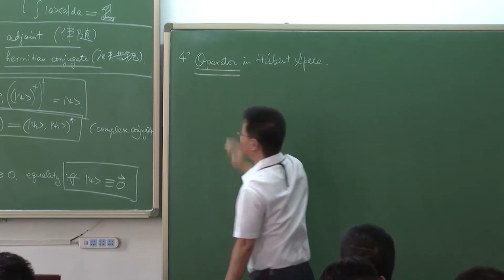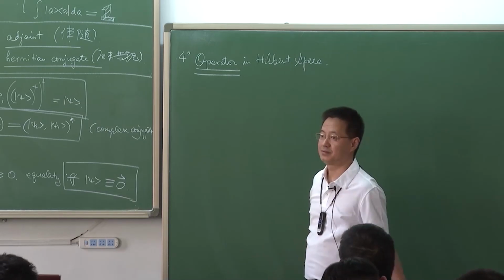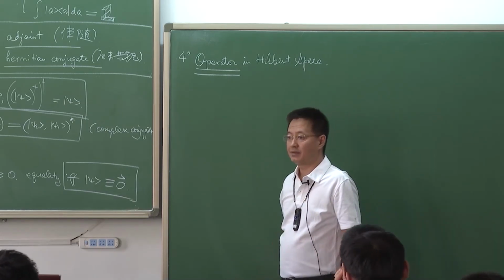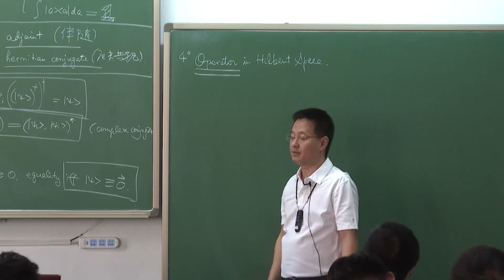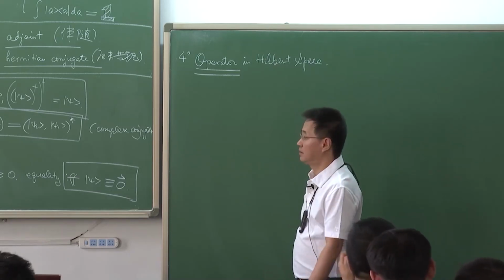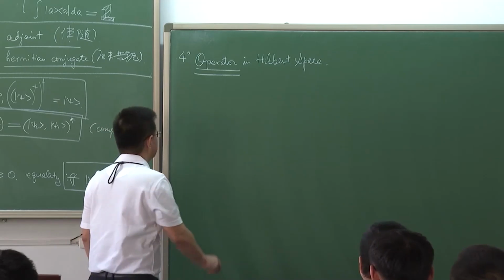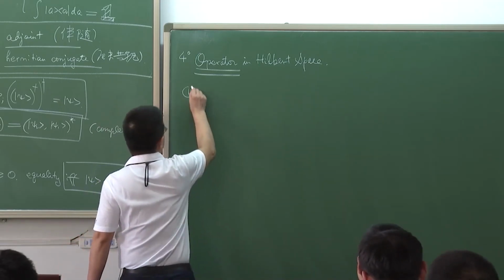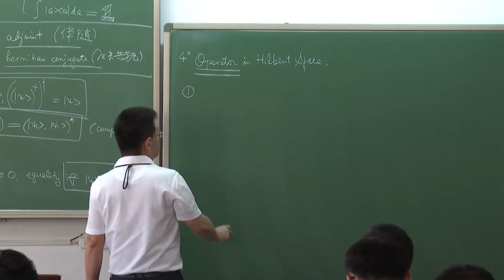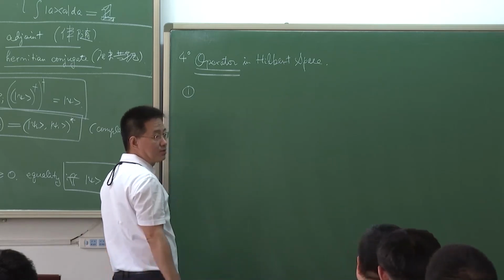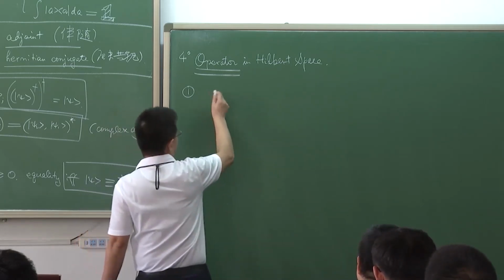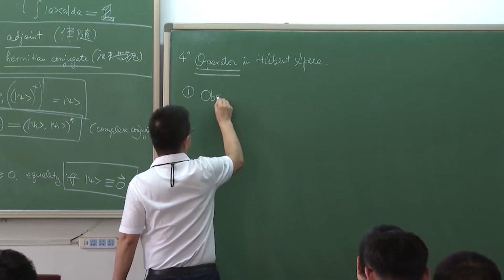But operators, of course, are a much bigger set than observables, because we have many kinds of operators, and in quantum mechanics the most important operator is of course the observable.